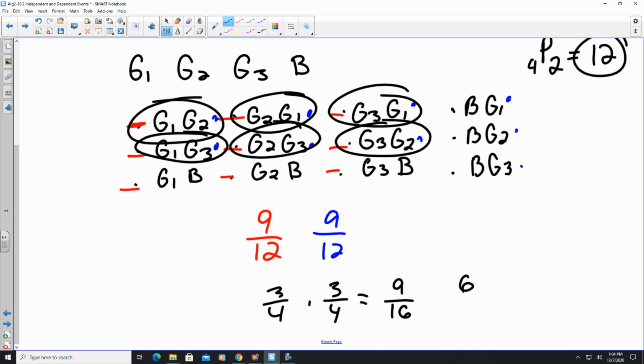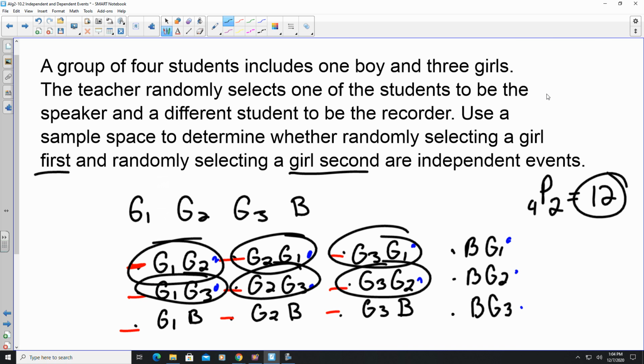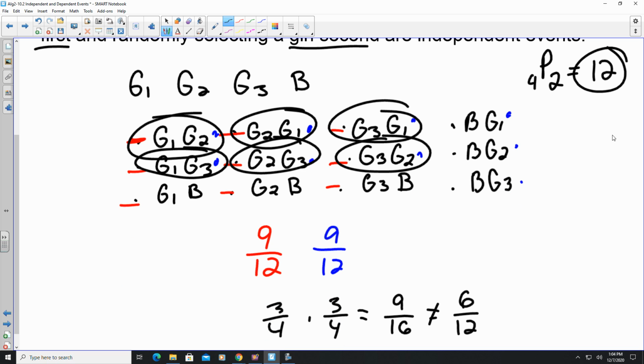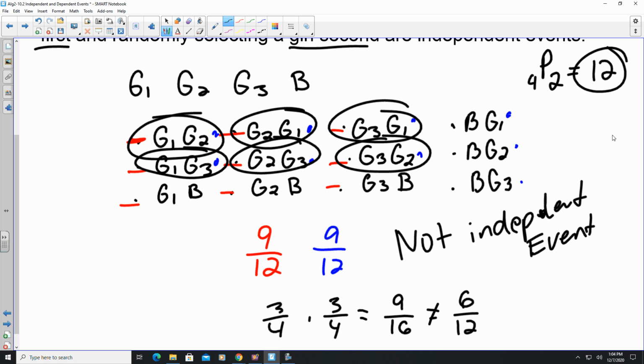Now, is 6 out of 12 equal to 9 out of 12? It is not. So this means that this particular scenario is not an independent event. So this happens to be a dependent event.